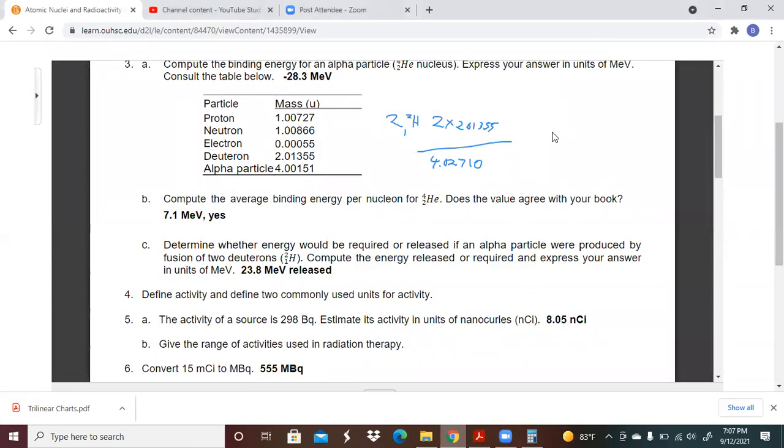Now, compare that with the end product that we result in.